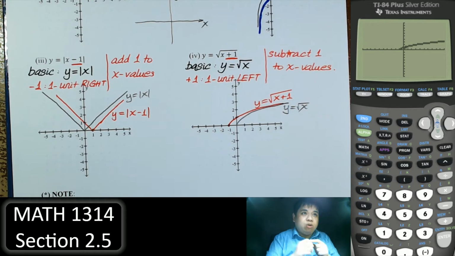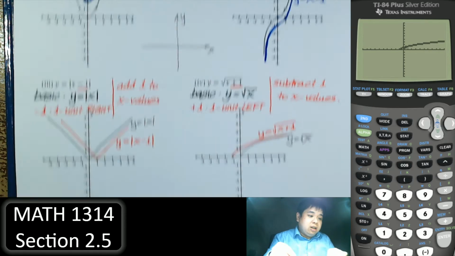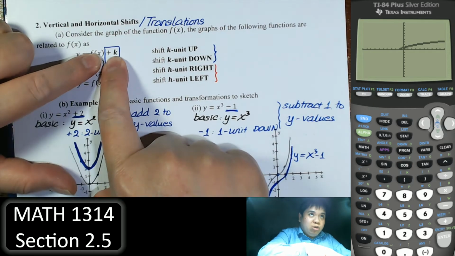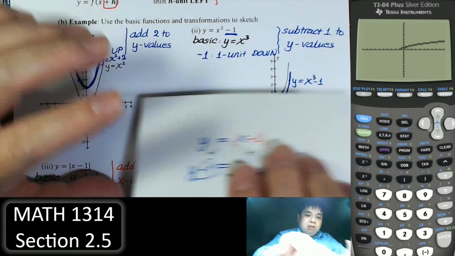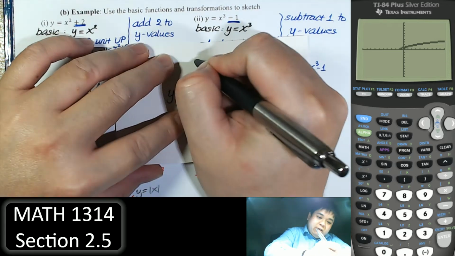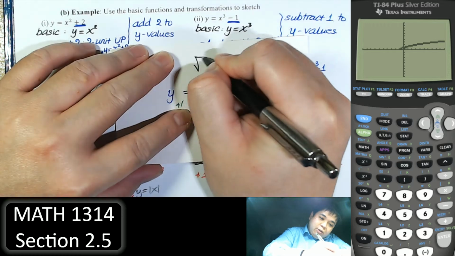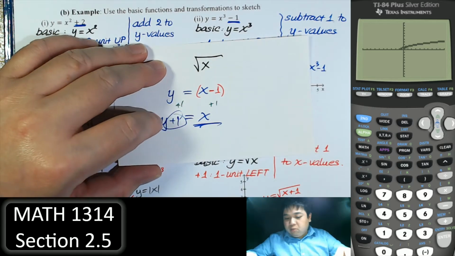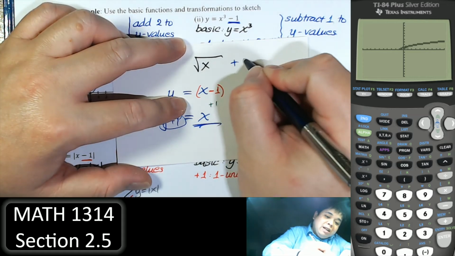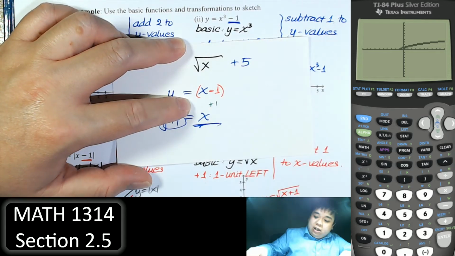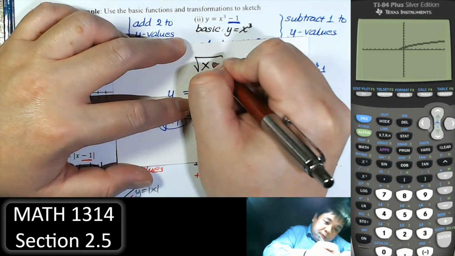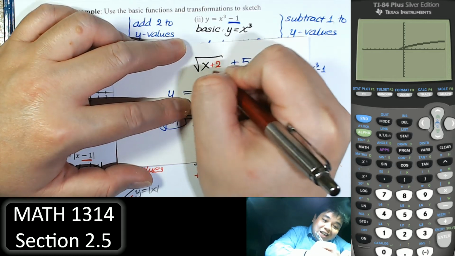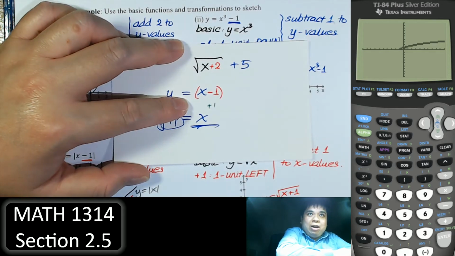Another thing I want to note is that this one we just add on the outside of the function. By that, for example, if we have square root of x and I add the number +5, that is on the outside of the function. And if I add +2 like this, it is inside of the square root.